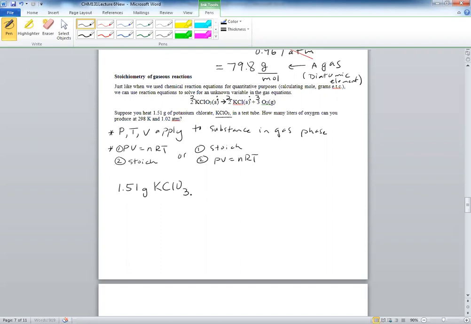What you would have to do is go with this route right here. You have to have stoichiometry take you to the moles, from the grams of potassium chlorate to the moles of O2. So that's what we're going to do first.